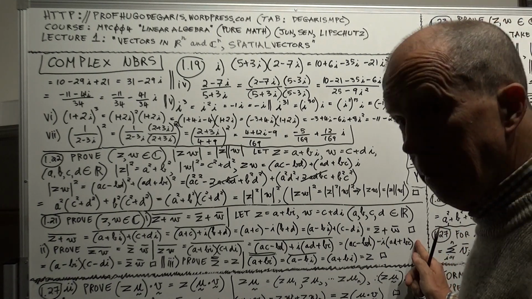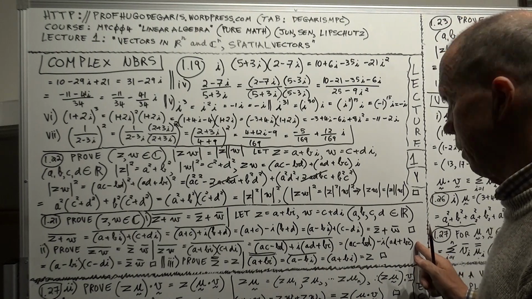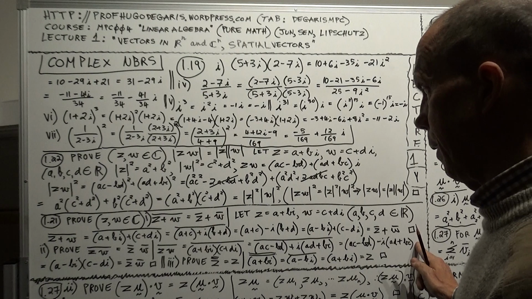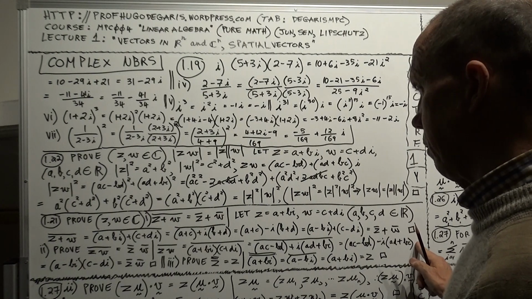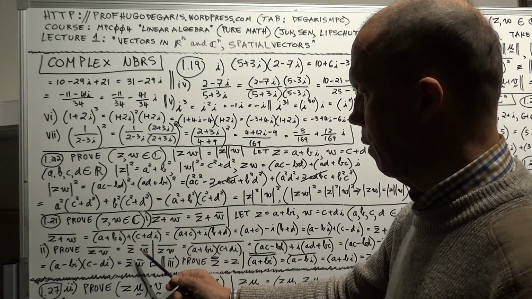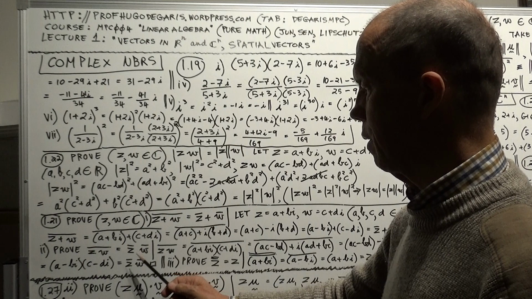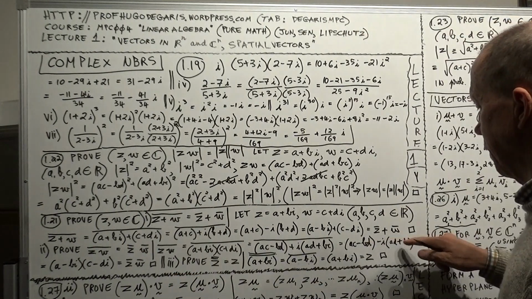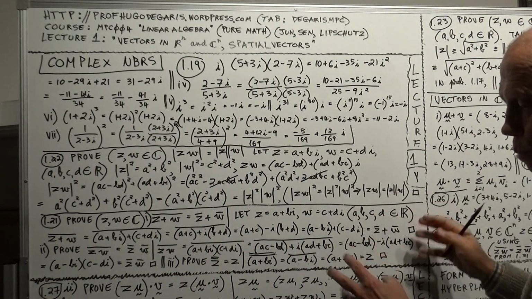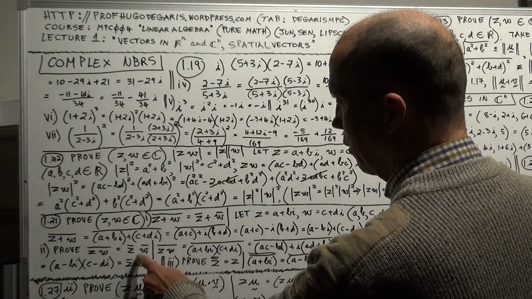Now this next step is a little less obvious. You may say, where the hell did that come from? Now remember what we're trying to prove. We're trying to prove that the right-hand side is a product of two things. So we need to convert this into a product of two things, because that's what we have on the right-hand side.